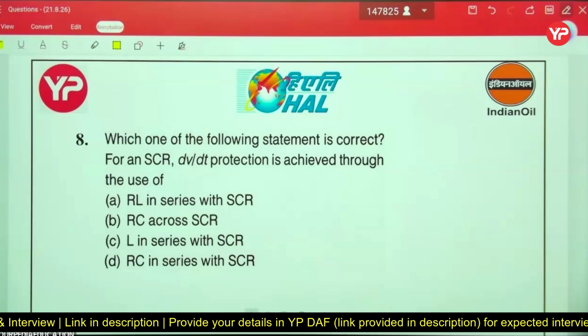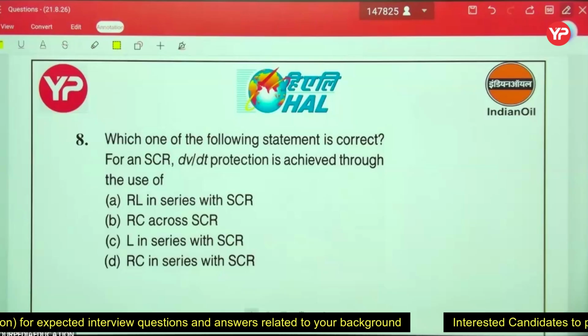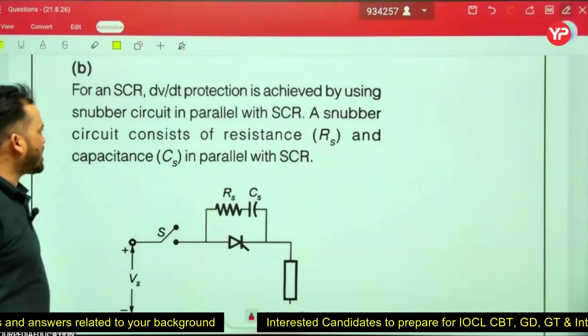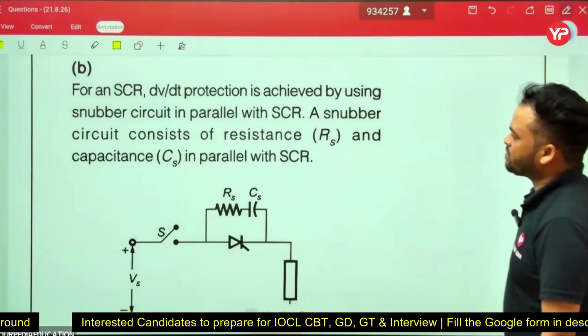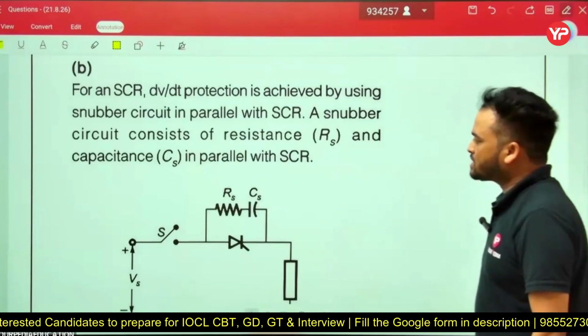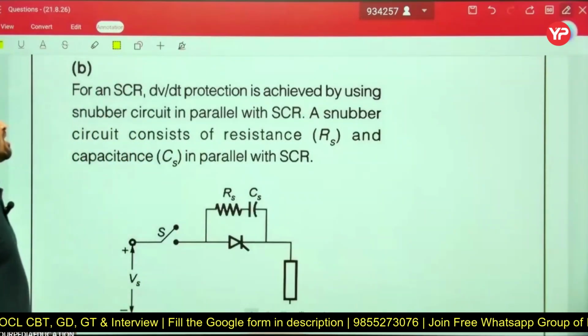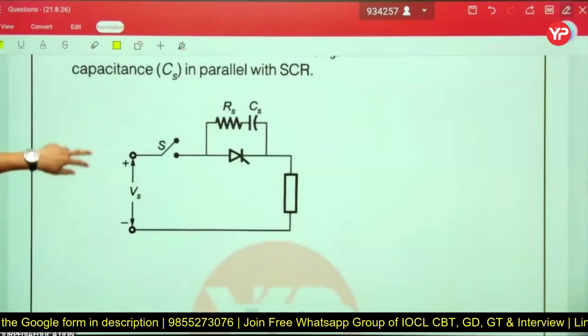Actually, this is the snubber circuit. Across the SCR, we connect an RC. This is the snubber circuit. For an SCR, dV by dt protection is achieved by using a snubber circuit in parallel with the SCR. A snubber circuit consists of resistance RS and capacitance CS in parallel with the SCR.